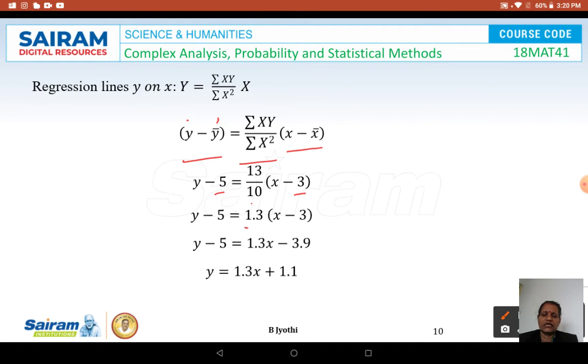So this on calculation we will get 1.3. So y minus 5 is equal to 1.3 of x minus 3, which on simplification we get the y on x as y is equal to 1.3x plus 1.1. This is the regression line of y on x.